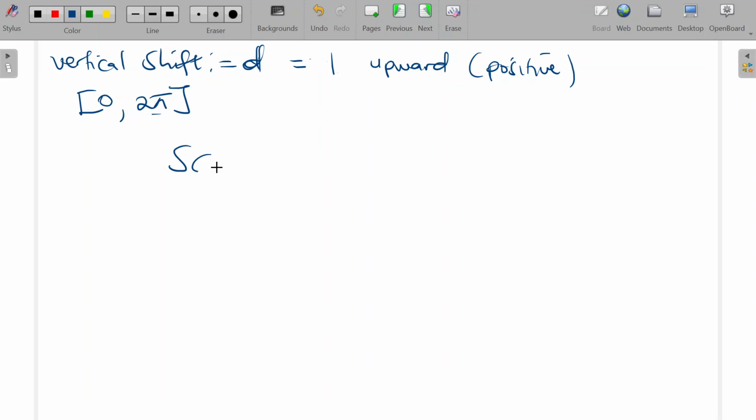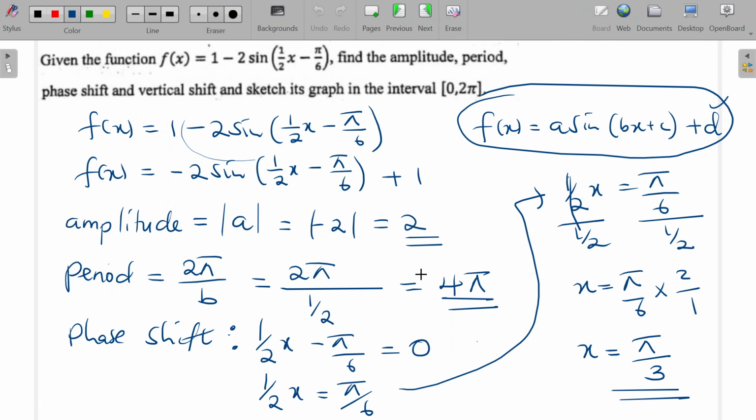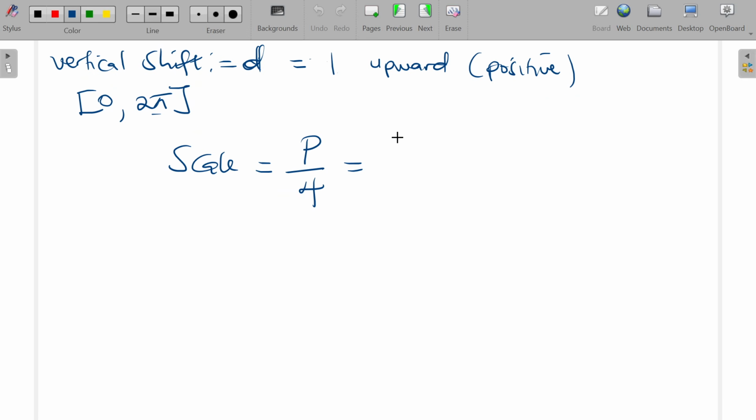Now you find the scale. The scale doesn't carry a mark, but it will help you to sketch. So scale is equal to period over 4. Then what is my period? I got it to be 4 pi. So I'll write 4 pi over 4 is equal to pi. Now, what does the scale represent?